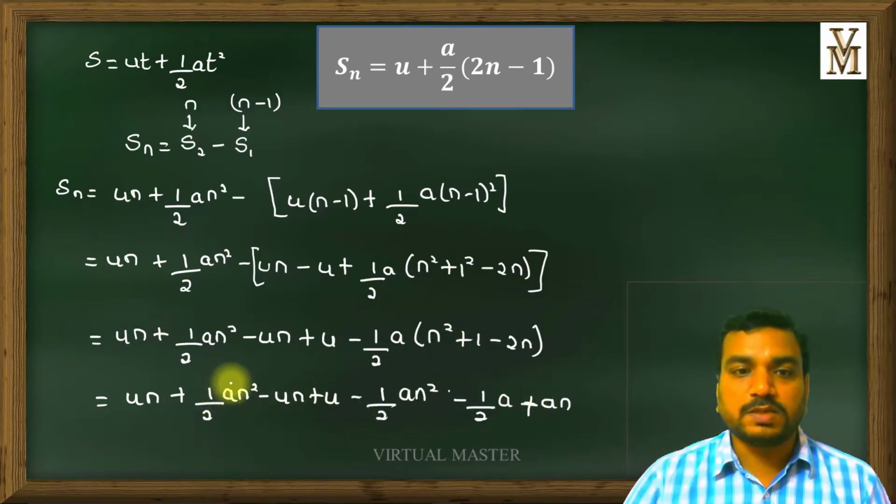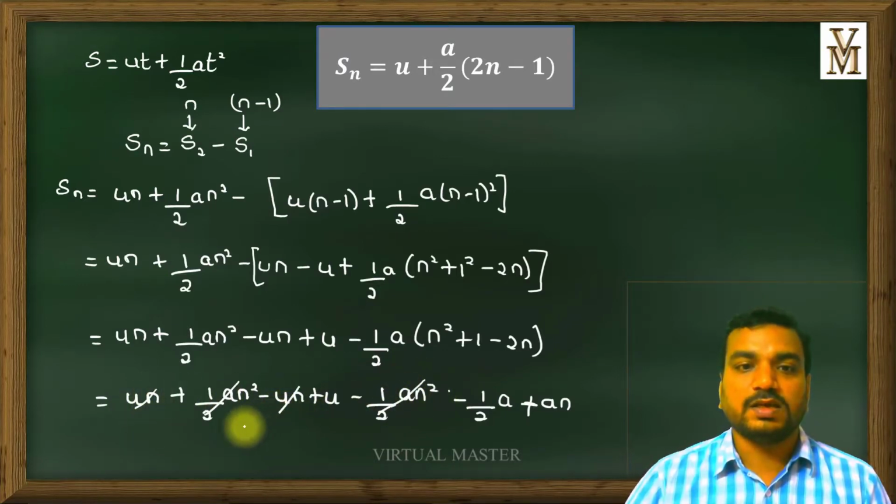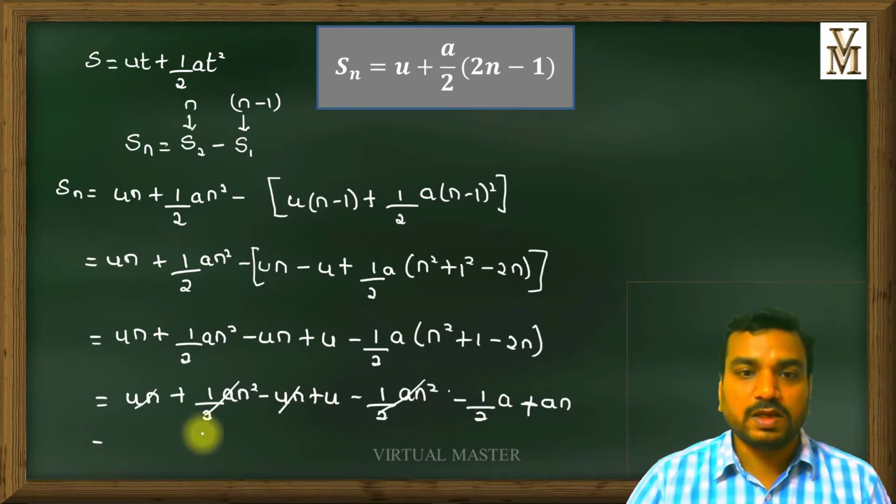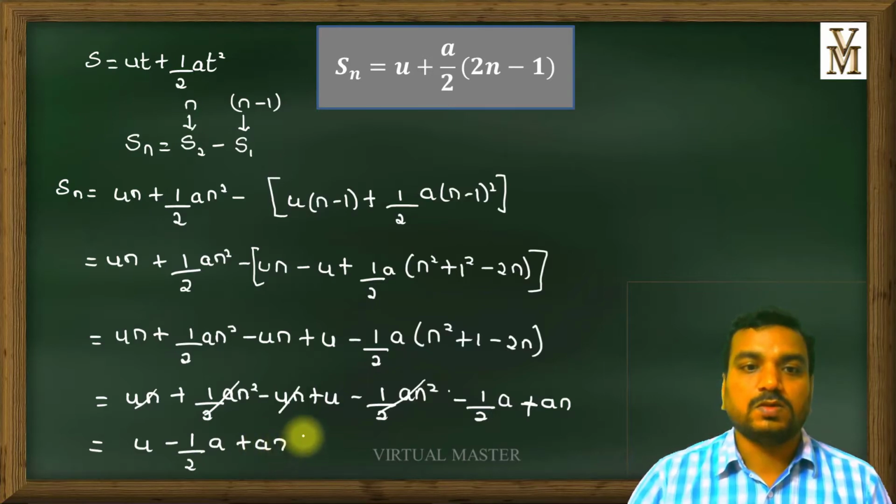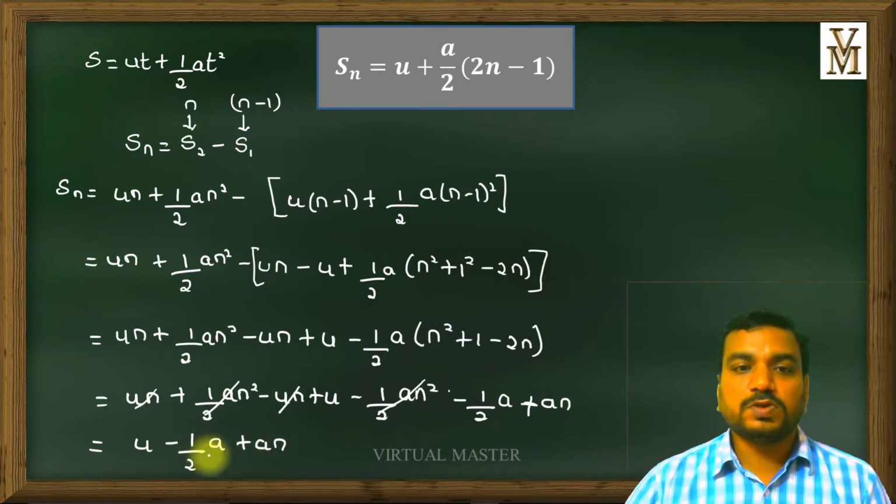Now in this equation, plus half an square minus half an square get cancelled, plus un minus un get cancelled. What will be left here? Only u minus half a plus an. In these two terms, I will take a by 2 common.